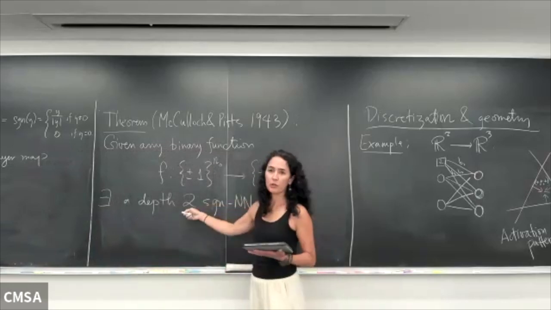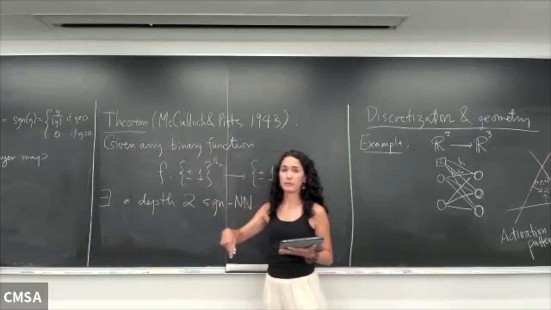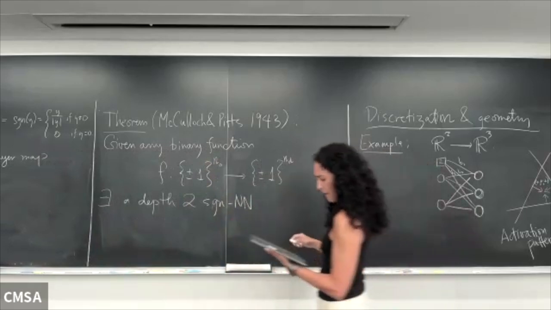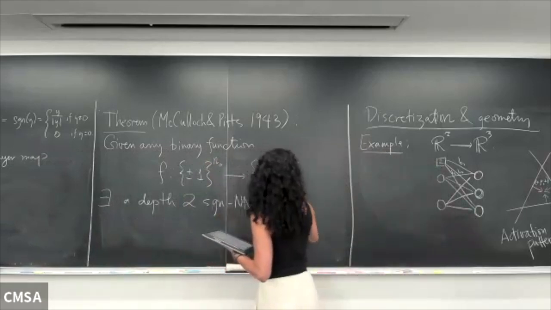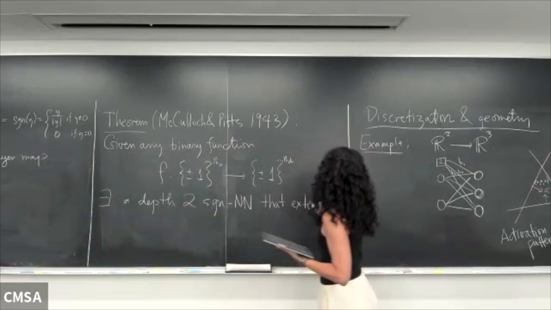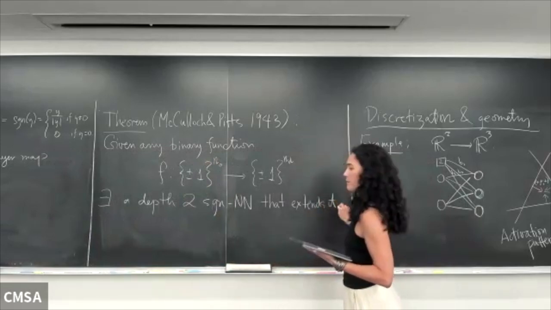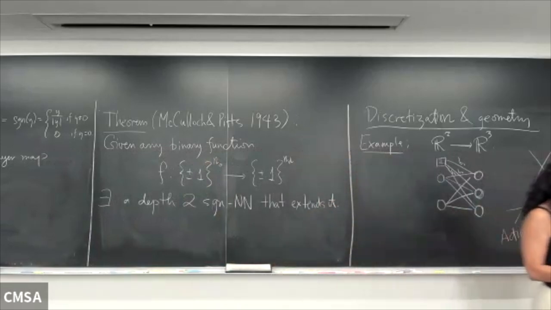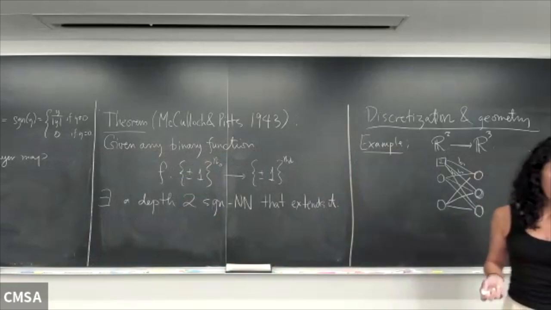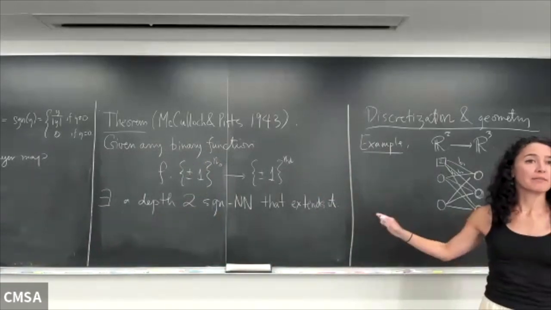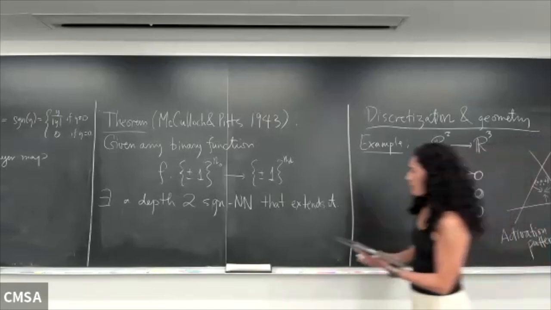So depth 2 means there's a single hidden layer. Let me say what I mean by that.